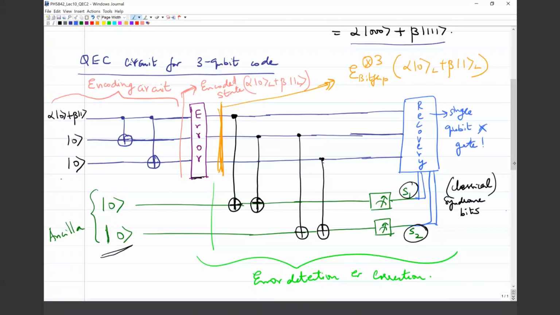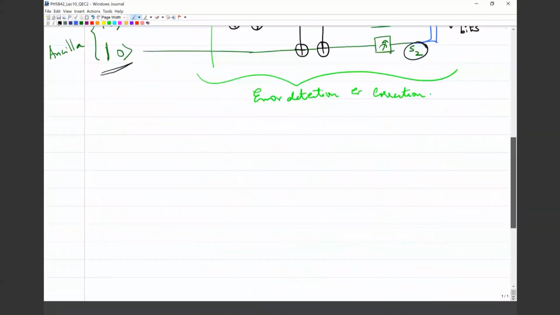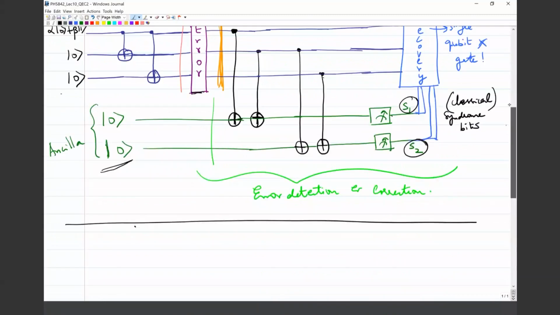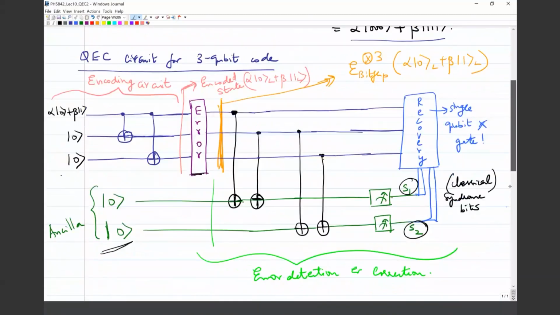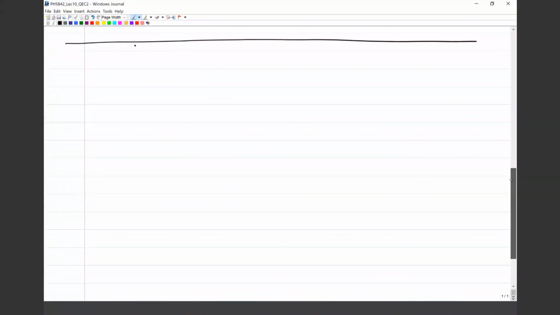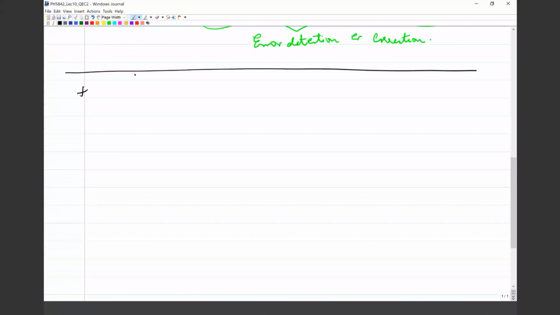So let's go back and draw the syndrome table. So I can now draw this. Any questions as far as this circuit is concerned? Okay, so this is what the syndrome table will look like.